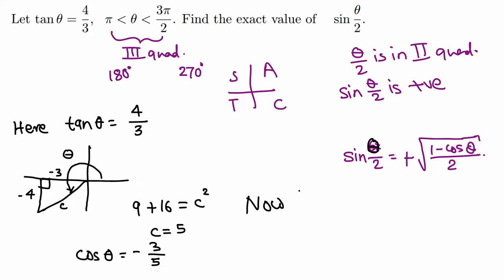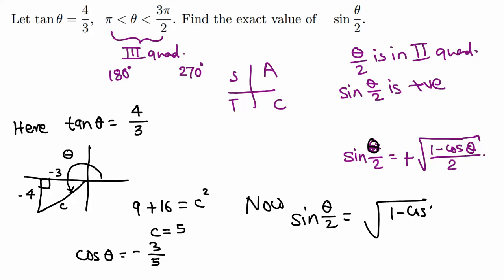Now to find the value of sine theta over 2, we use this formula with positive, because theta over 2 is in the second quadrant and sine is positive there. So out of plus or minus, we just put plus.